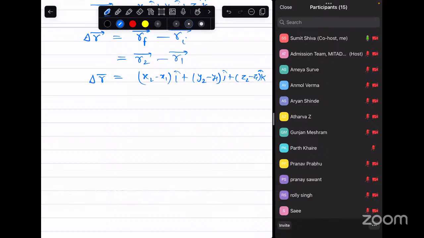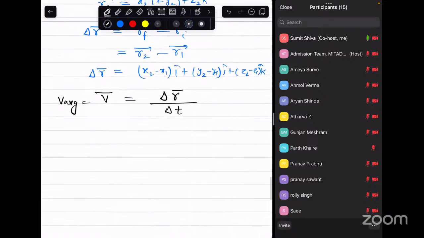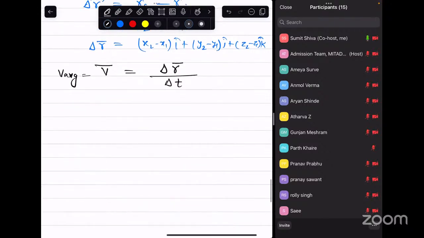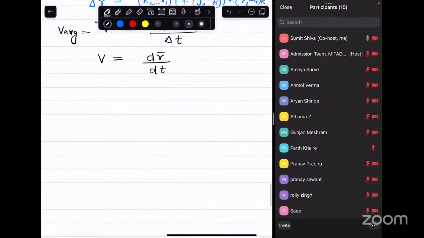Now we are interested in average velocity. So average velocity, or v bar, will be delta r by the time taken to reach from point P to point Q. And if you are looking for instantaneous velocity v, then this can be written as dr by dt in vector form.